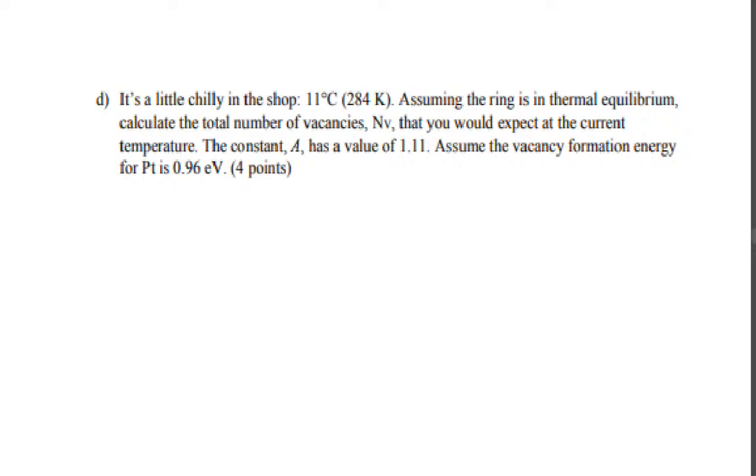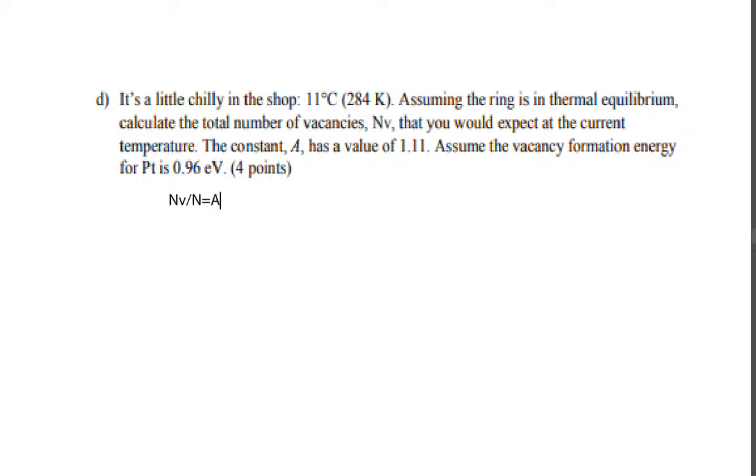Okay. So first thing that I see is that it has activation energy. That means that it has something like NV over N, which is basically the fraction of vacancies, would equal A.